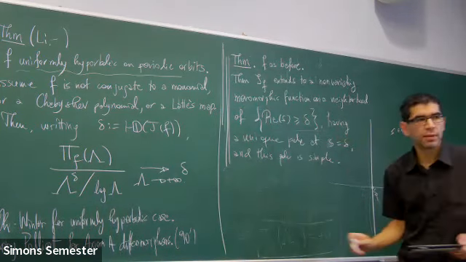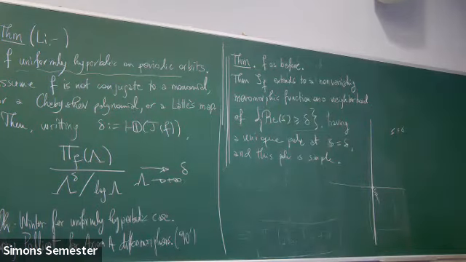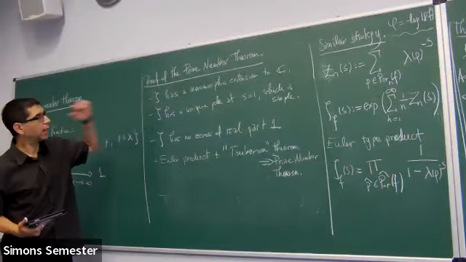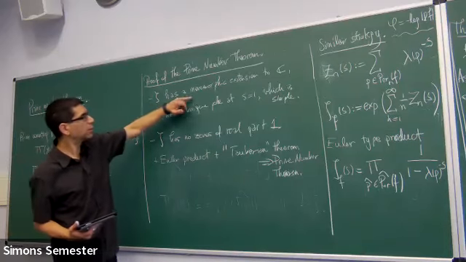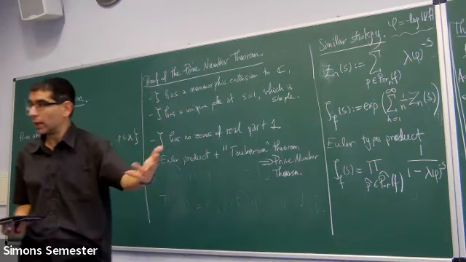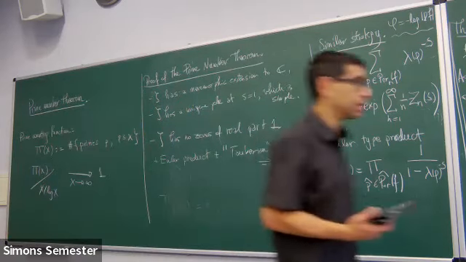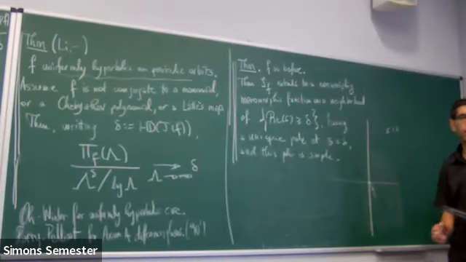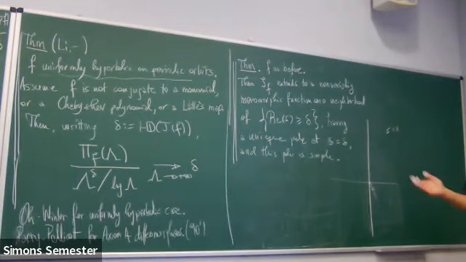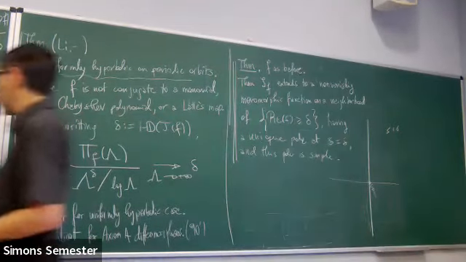Okay, so this is more or less analogous to this statement here. The difference is that we don't have, and I don't know if it's true, whether you can have a meromorphic extension to the whole plane. The extension here is only on some neighborhood of this right half plane, and that's sufficient to apply this Tauberian theorem.